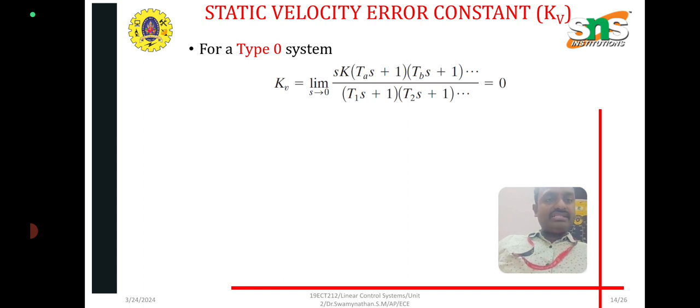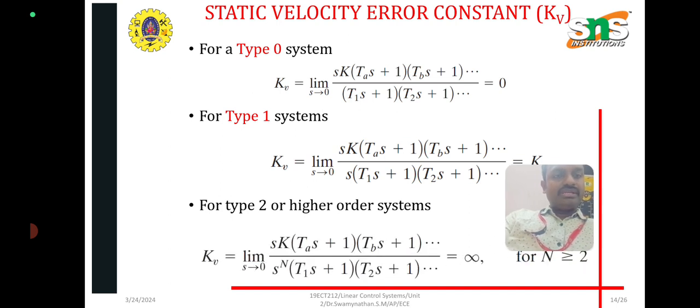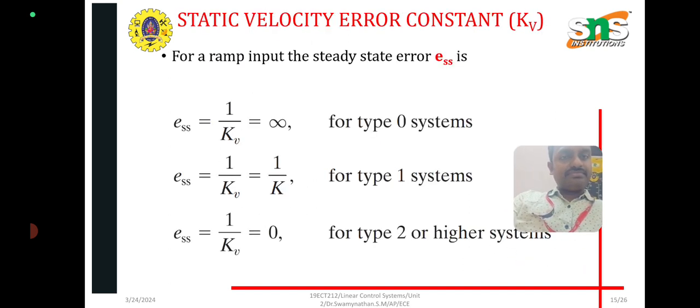So Kv, that is limit s tends to 0, s into K times the numerator terms Ta and Tb, and the denominator terms T1 and T2. And next the type 1 system, with factors Ts plus 1, T1s plus 1, T2s plus 1. For type 2, it becomes infinite.